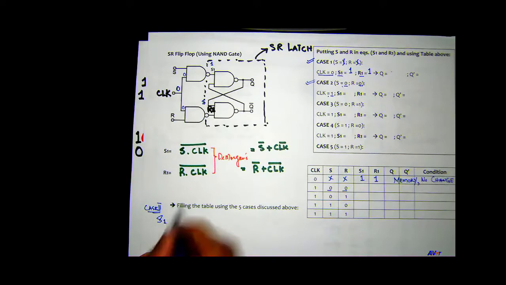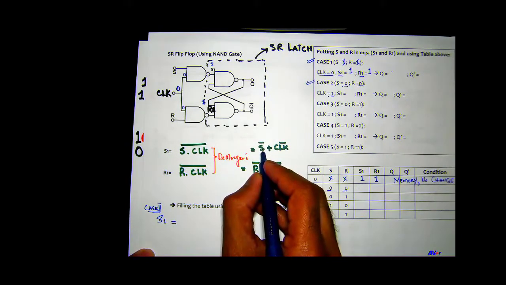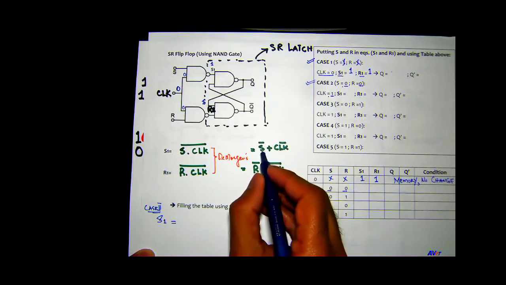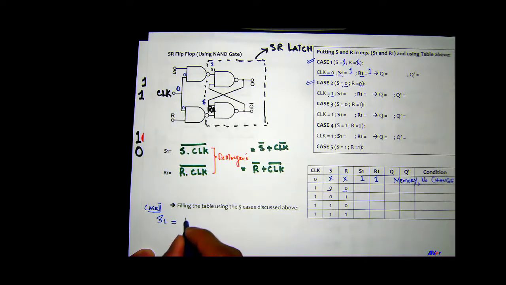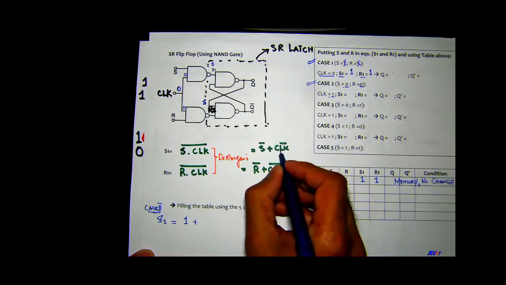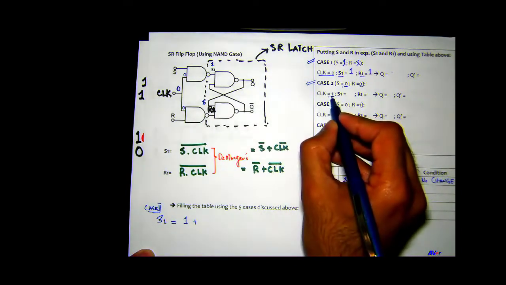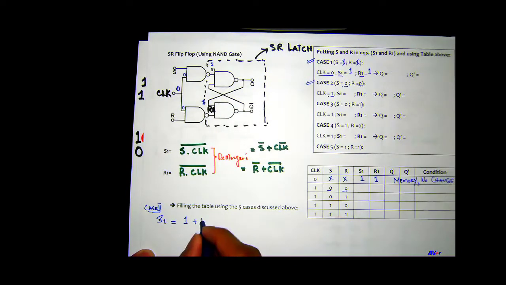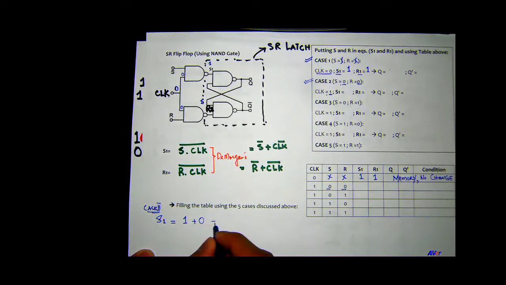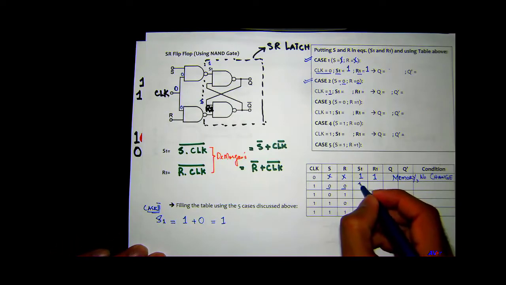So S1 equals the invert of S, which is 0, so the invert of 0 is 1, plus the invert of clock. Clock is 1, so the invert of 1 is 0. And 1 plus 0 makes 1 because it's an OR gate: if any input is high, the output is high. So S1 is 1.